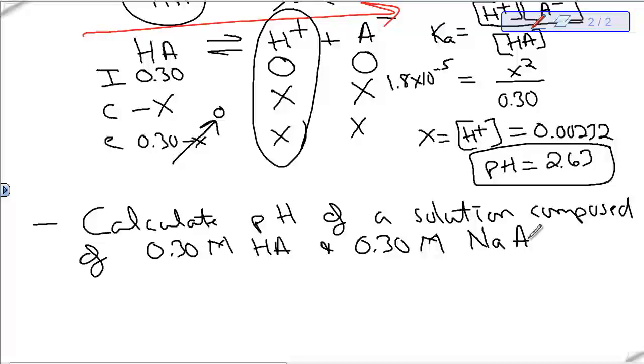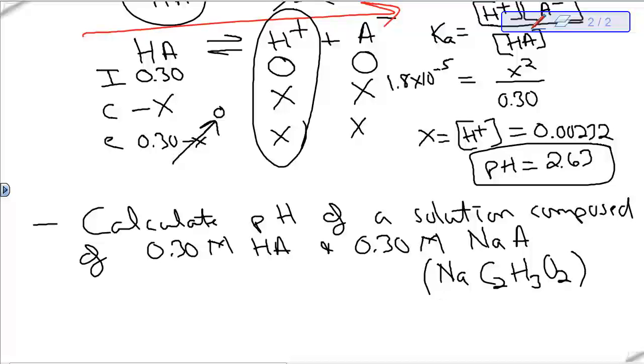Earlier I gave you the formula for acetic acid. The sodium acetate is a sodium ion combined with the acetate ion, which is the conjugate base of the acetic acid. So I'll show you the formula here. We're going to abbreviate it again just to save a little time.